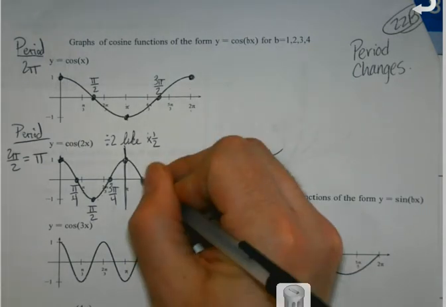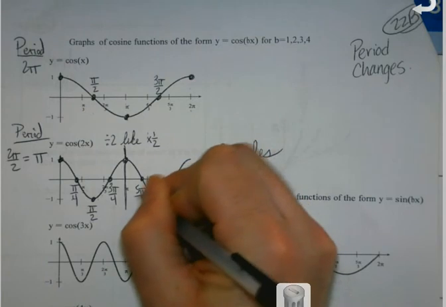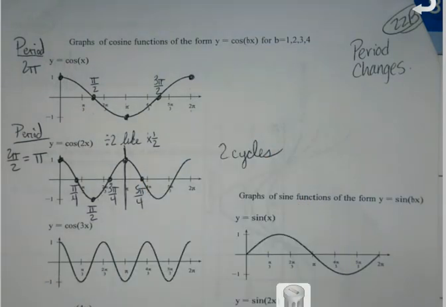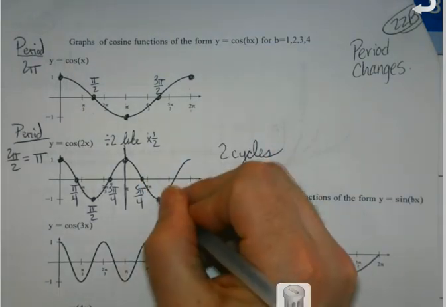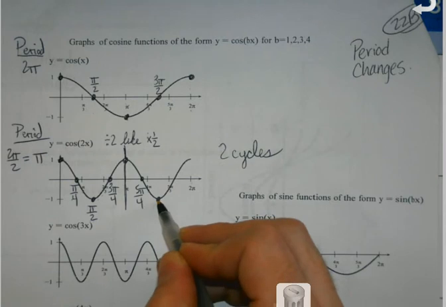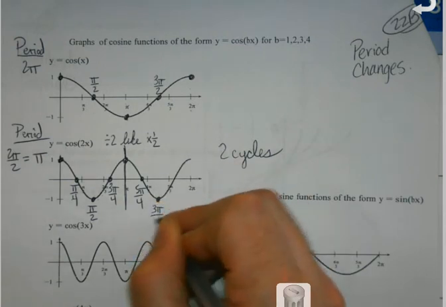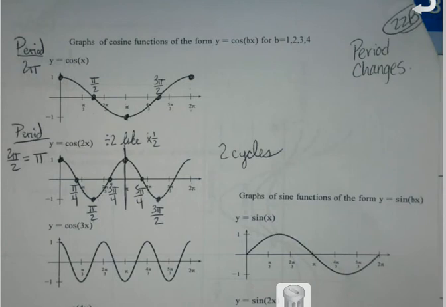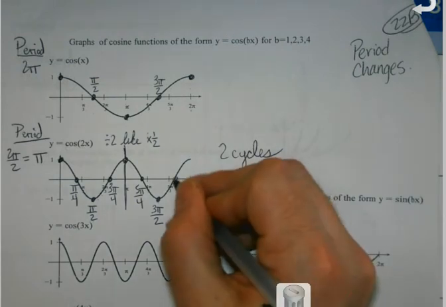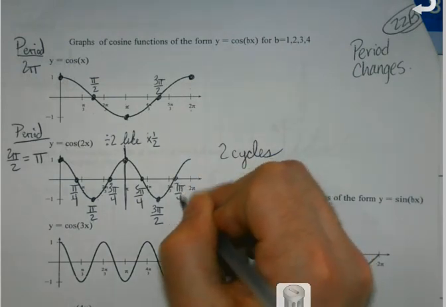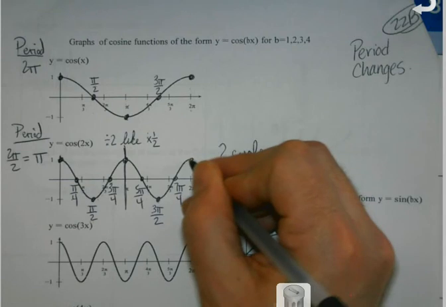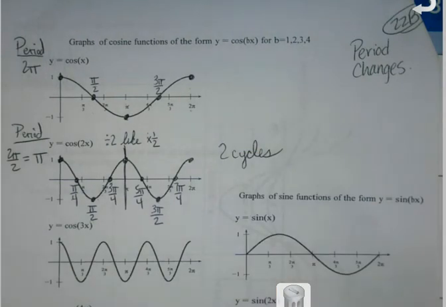So here is 5 pi over 4. And then this would be 6 pi over 4, but we reduce it. 6 over 4 is 3 halves. 7 pi over 4. And we finally finish our second cycle at 8 pi over 4, or 2 pi.